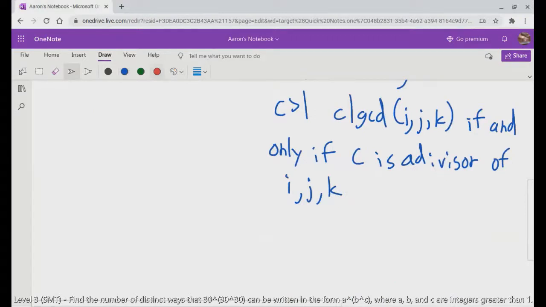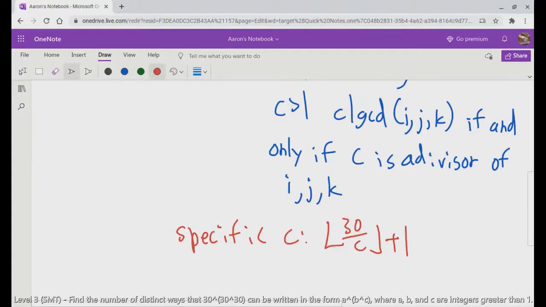And so now, what that means is that for any specific c, we count the multiples of c in the range of 1 through 30. And in addition, there's also the value of 0.